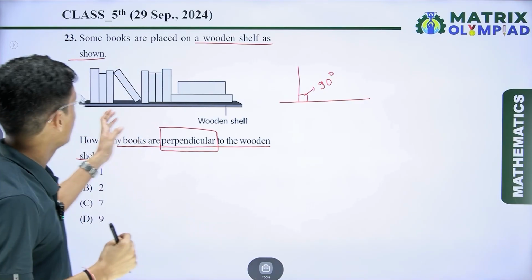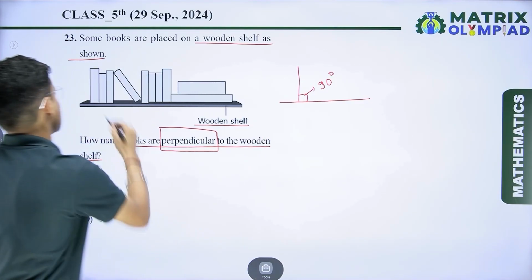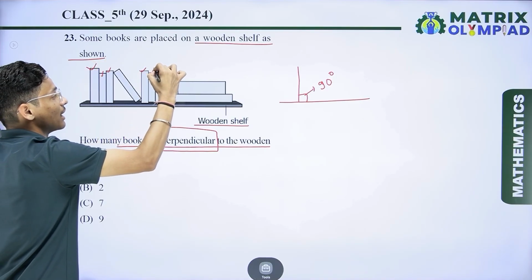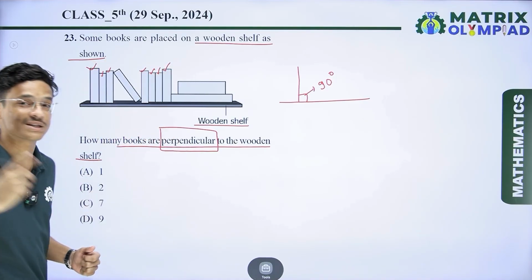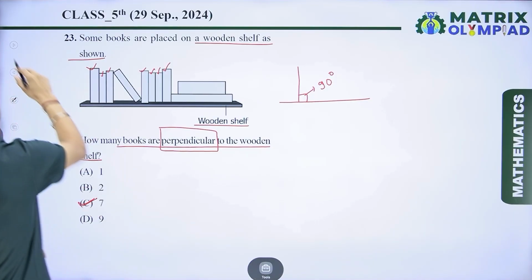So here we have to count how many books are perpendicular to the wooden shelf. Let's count: 1, 2, 3, 4, 5, 6, 7. So how many books are here? 7. So option C is the correct answer.